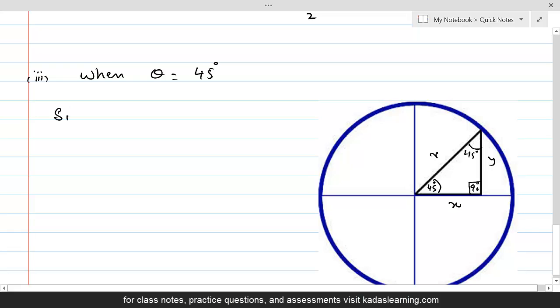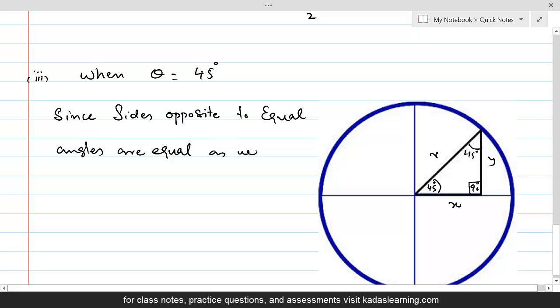Since sides opposite to equal angles are equal as well, if x is taken equal to 1, then y is also equal to 1, and this should be taken as under root 2.